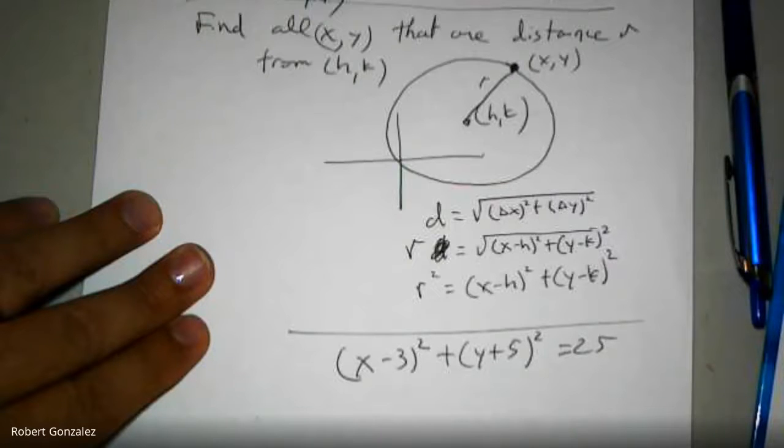What are h and k going to be? Go ahead, guess. You can put it in the chat box if you want to guess there. H equals what? K equals what? And then tell me the radius.